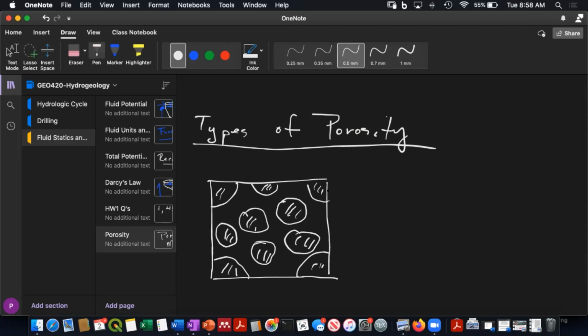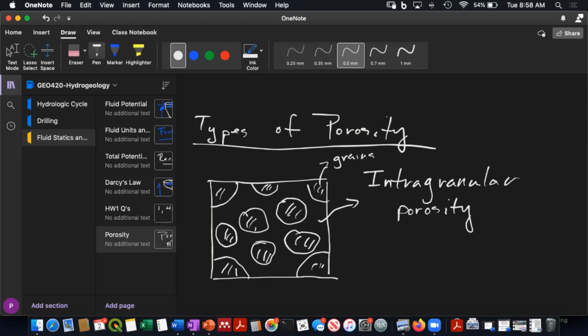All right, so the first type is the type we just talked about. That is called intragranular porosity. All right, and that is the space between grains. Right, so we got grains of sediment, and the intragranular porosity is the space between those grains.